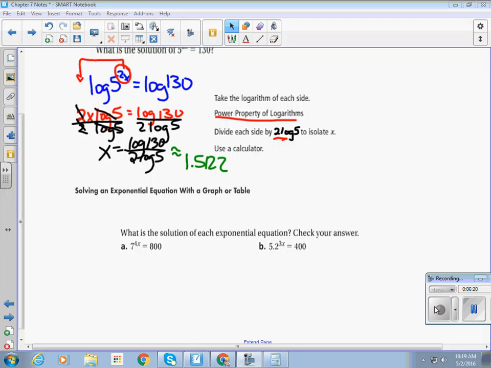We're going to be solving an exponential equation with a graph. This one says graph or table. I'm going to just use the graph because you can always click on table and find that answer using the same item. So the first thing I'm going to do, you want to make sure the first part you graph is y equals 7 to the 4x, and then we're also going to graph y equals 800.